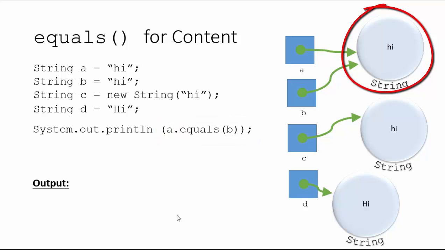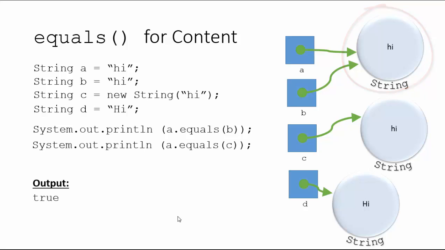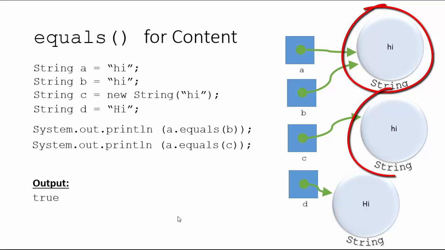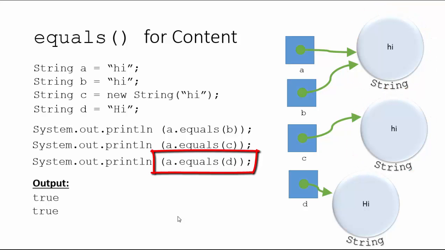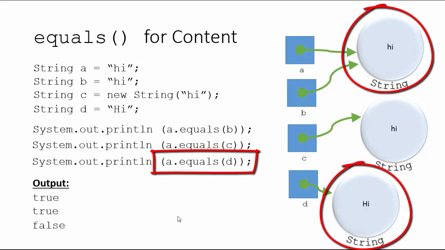Since a and b are pointing to the same object, this prints true. a.equals(c) also returns true, since a and c are pointing to objects with the same characters. a.equals(d) returns false. They both have the same letters, but case matters when using the .equals method, so they are not the same characters.